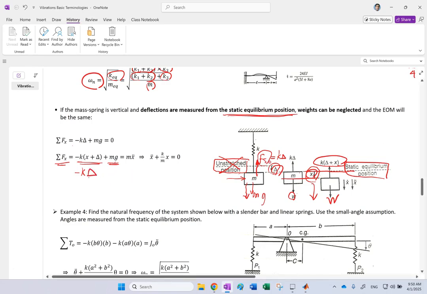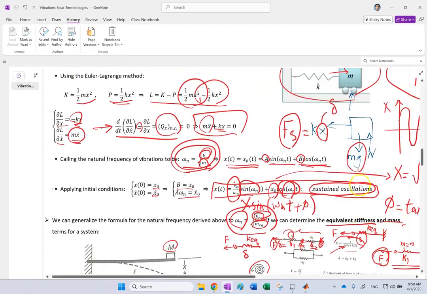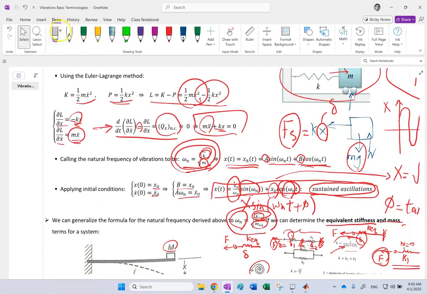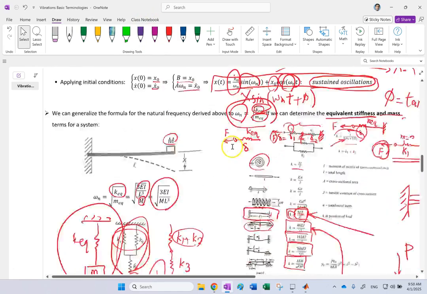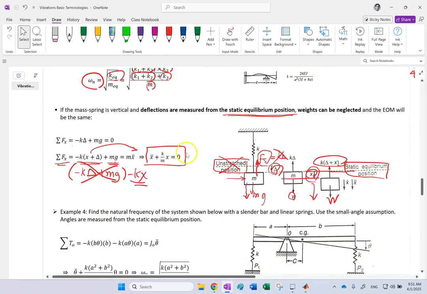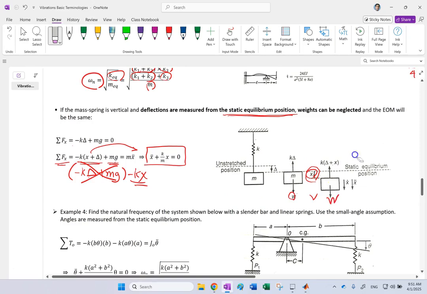It's like this. These two would cancel out. This one stays, you take it to the other side, and you get the same ODE that you got for the horizontal mass spring, right? Look here. That's the same ODE that you had for the horizontal mass spring system. You get it now for the vertical one, if and only if, again, your measurements are taken from static equilibrium.